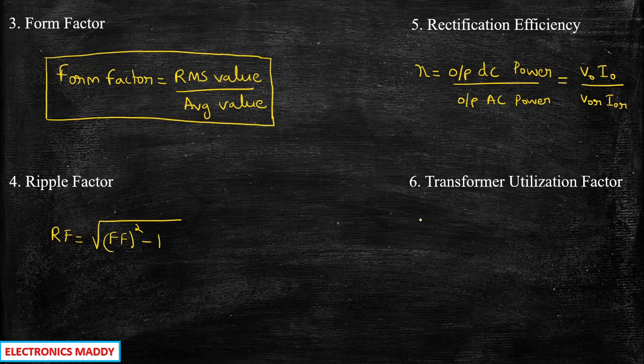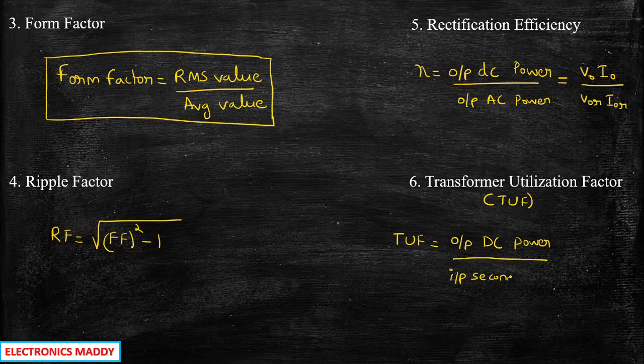The next important factor is transformer utilization factor, which is also called TUF. So this is again a very important parameter. The definition of TUF is given as the ratio of output DC power divided by input secondary volt ampere rating.